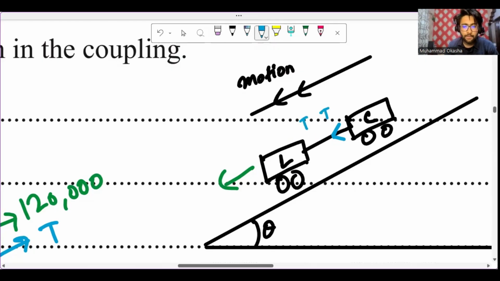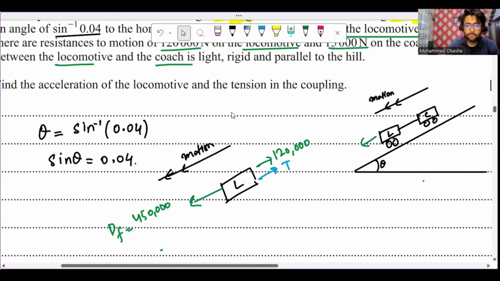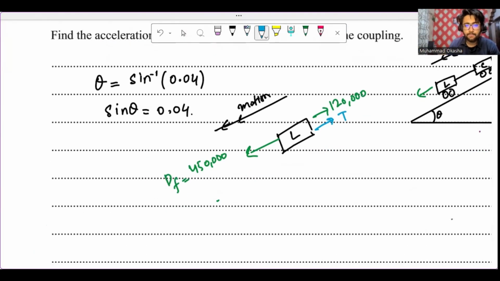Make sense? If you're standing on the locomotive, then the tension will be away from the locomotive. But if your point of view is the coach, then the direction of tension will be away from the coach. So if I'm talking just about the locomotive, the direction of the tension will be away from the coach. Okay, I'm not drawing the inclined plane one more time.